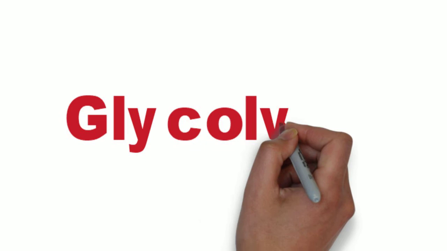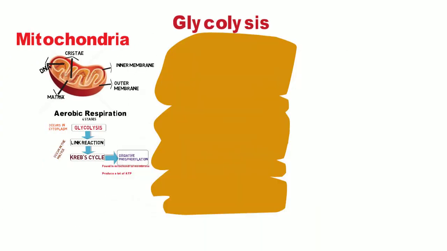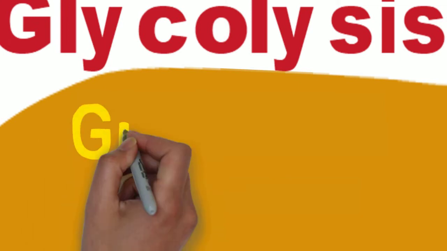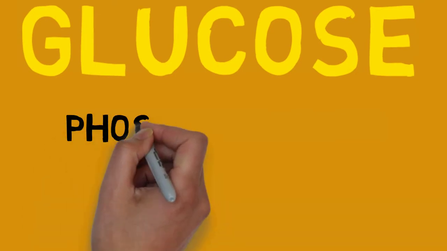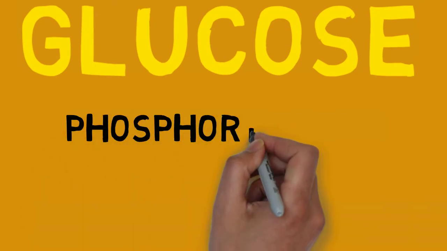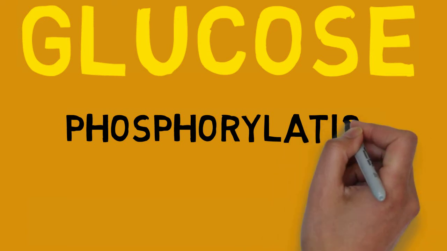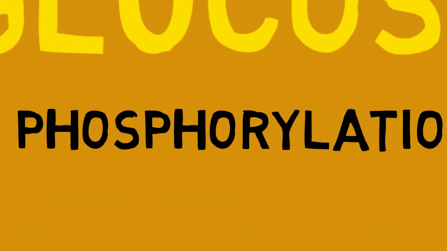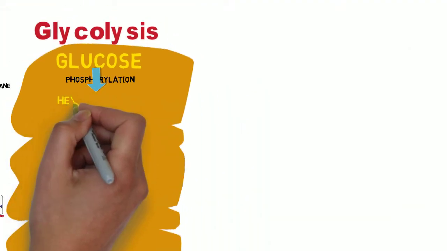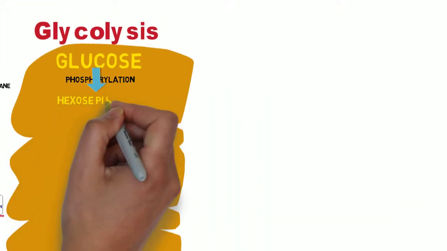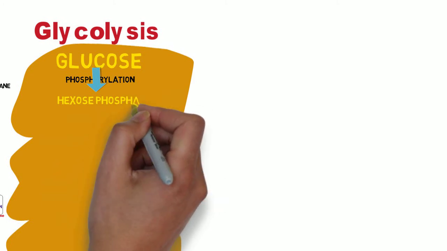Let's look at the first stage, which is glycolysis, the breaking down of glucose to pyruvate. It begins with glucose being phosphorylated, a process where ATP provides the phosphate group to combine with glucose and activate it to form a hexose phosphate.